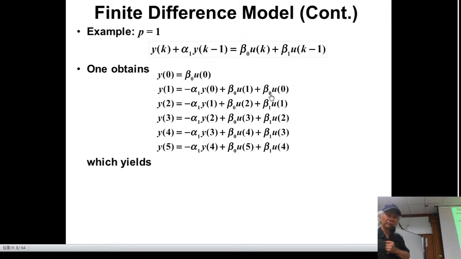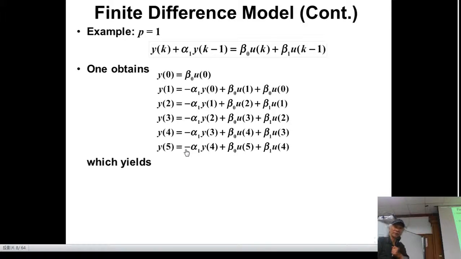And then y2 equal to minus alpha 1 y1 plus beta 0 u2 plus beta 1 u1. And y3 equal to minus alpha 1 y2 plus beta 0 u3 plus beta 1 u2, and so on. Say my total number of data will be only 5.